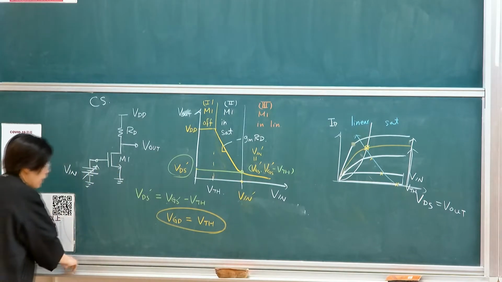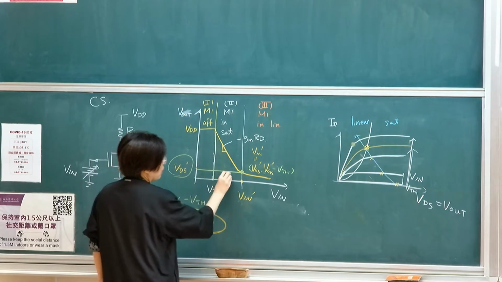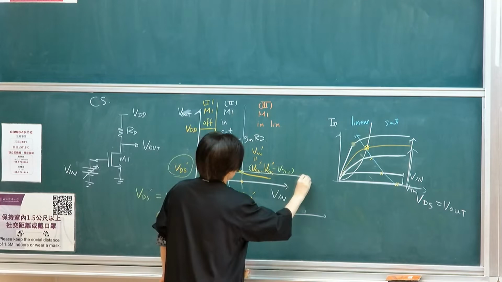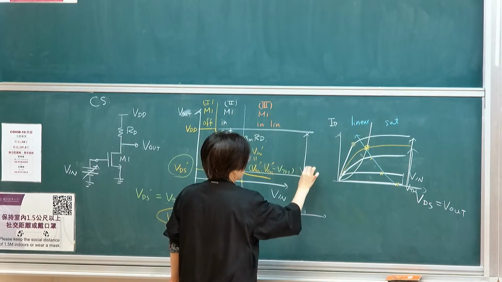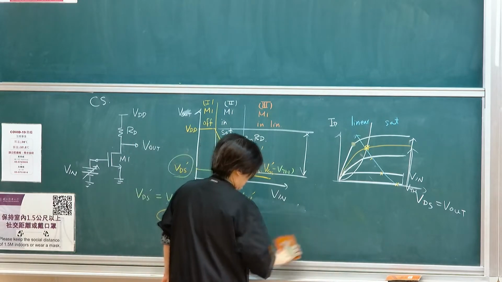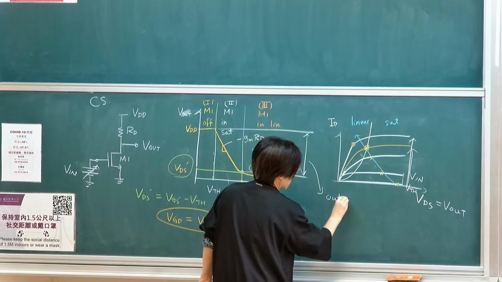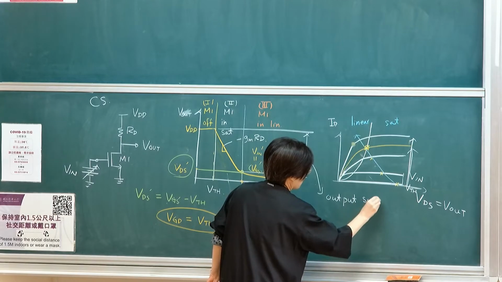Okay? And this is typically referred to as, from here to here, this is my output. This is referred to as the output swing.